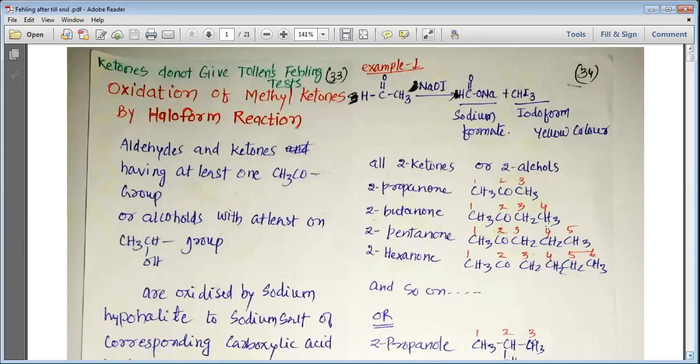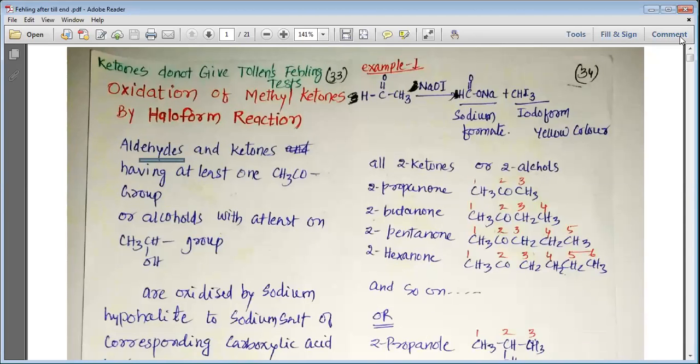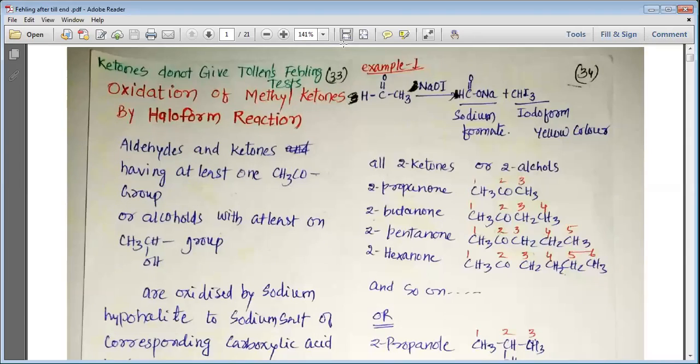So when it comes to the haloform test, my dear students, aldehydes and ketones having at least one CH3CO group, or CH3CH(OH) group, which on oxidation gives a CH3CO group. So either we have these aldehydes, ketones or alcohols which have these two groups, they undergo the haloform reaction.